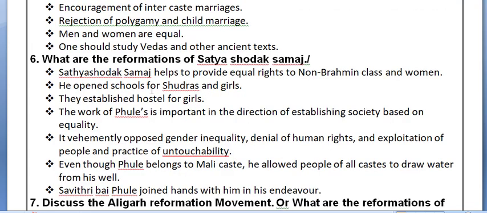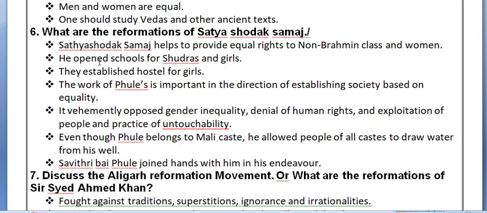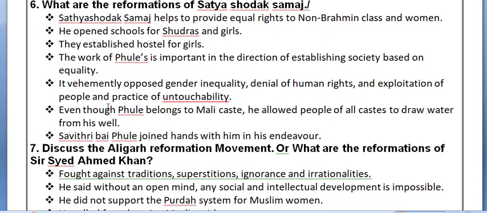Next question. What are the reformations of Satya Shodhak Samaj? Satya Shodhak Samaj helps to provide equal rights to the non-Brahmin class and women. He opened schools for Shudras and girls. They established hostels for girls. The work of the Phules is important in the direction of establishing a society based on equality.